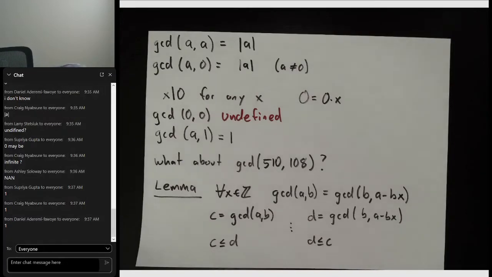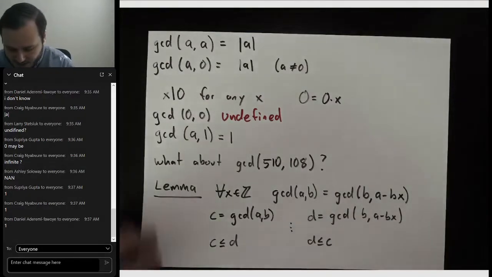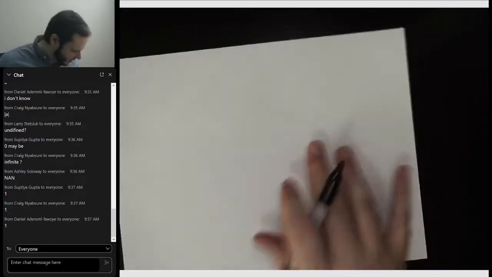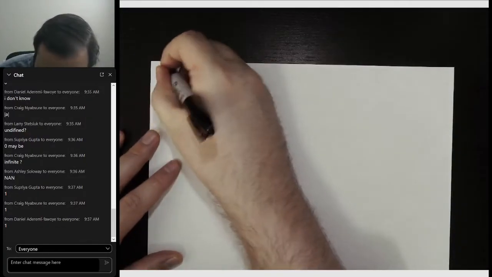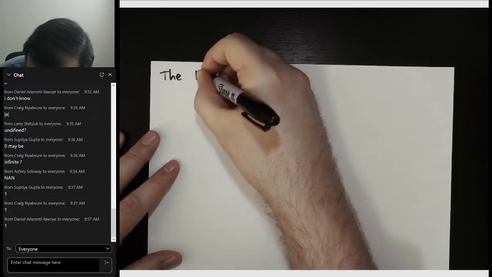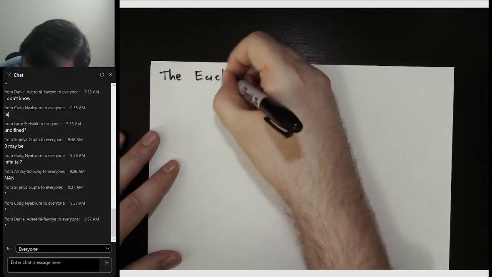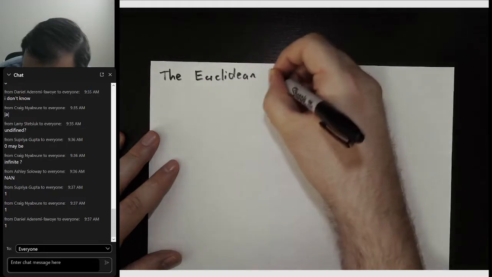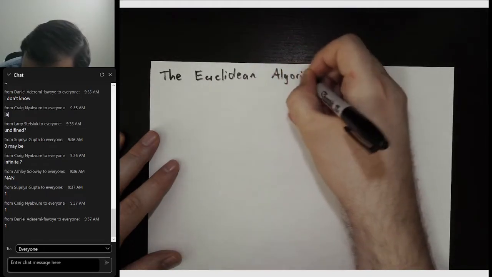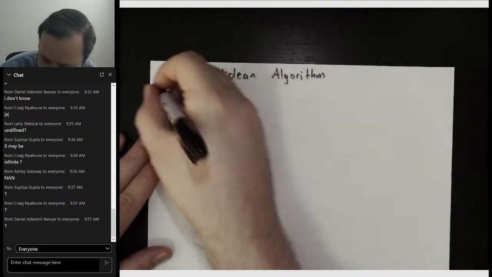But you'll have to read about it in the notes, because I want to talk about the Euclidean algorithm. So the Euclidean algorithm is how we find GCDs.